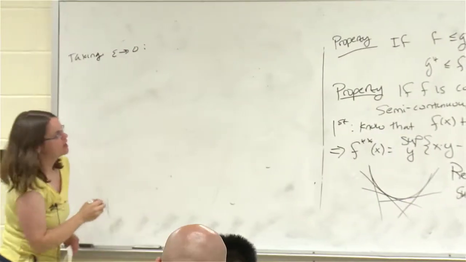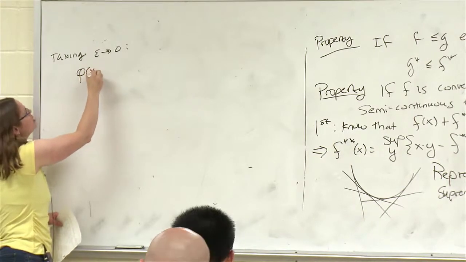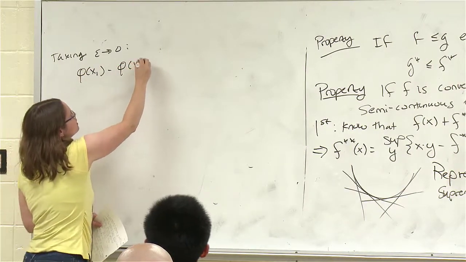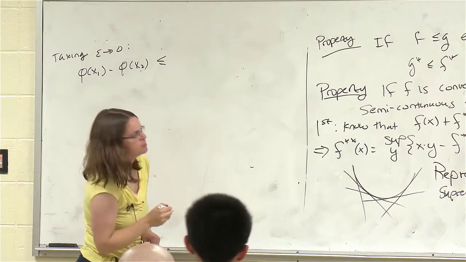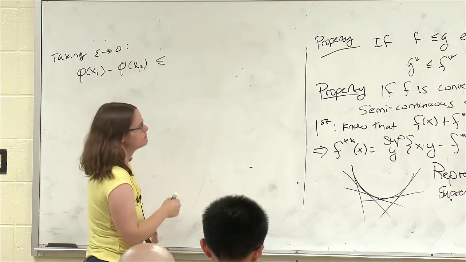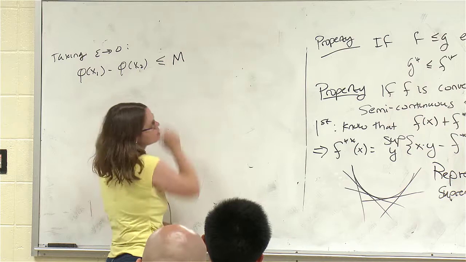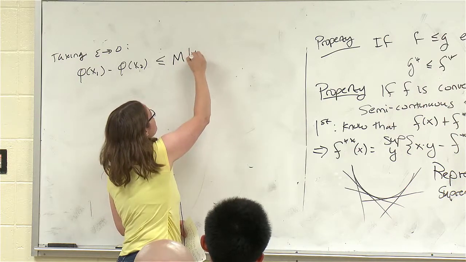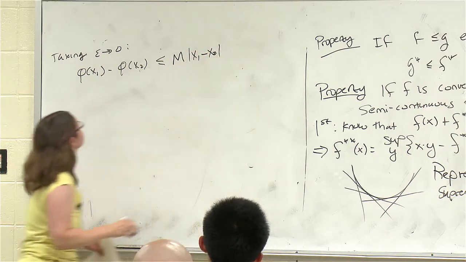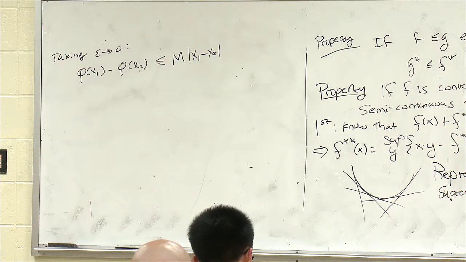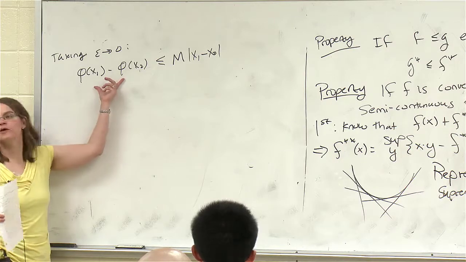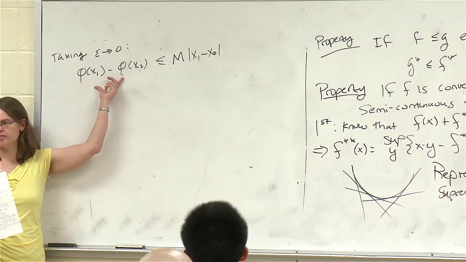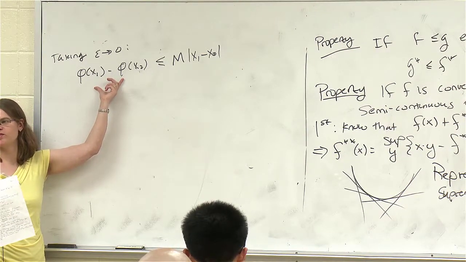Okay, so taking epsilon to 0, what do we get? We get that phi of x1 minus phi of x2 is less than or equal to some constant times x1 minus x2. Okay, there's nothing special about the order I did these in. I could have done them in the other order, phi of x2 minus phi of x1.